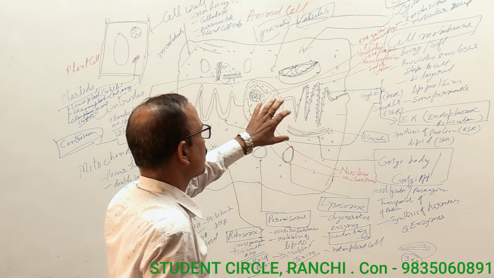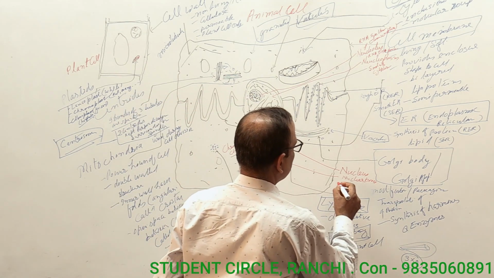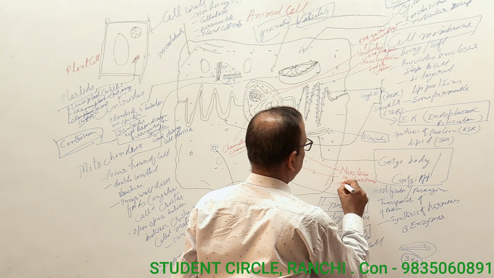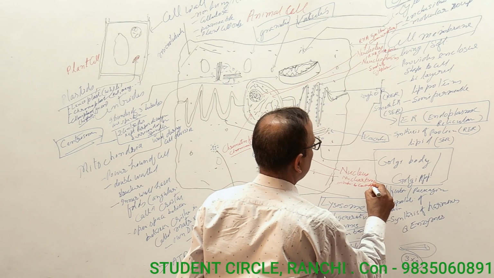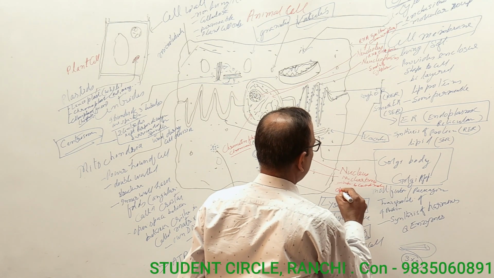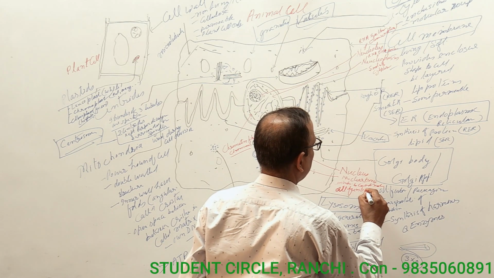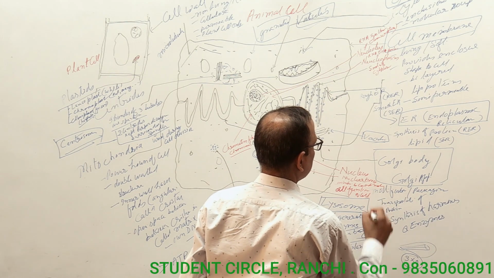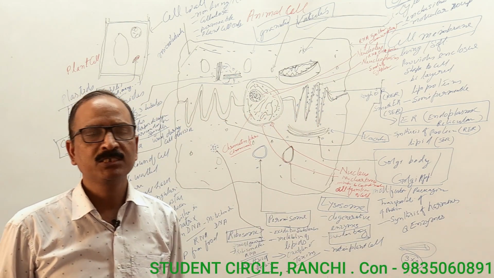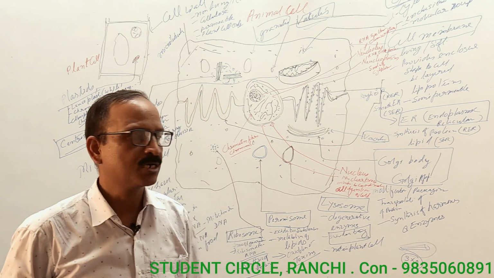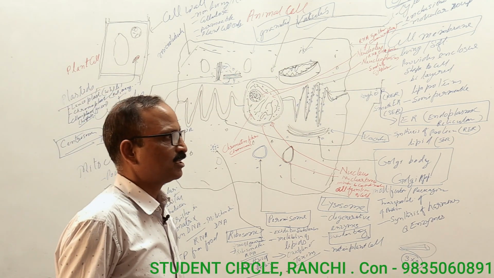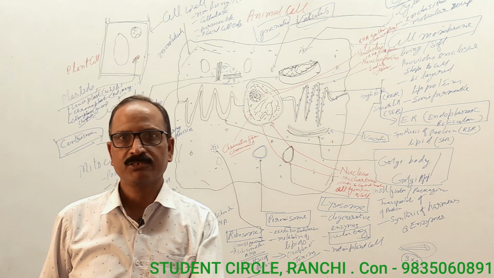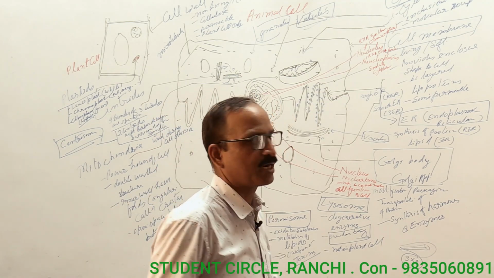It controls and coordinates all functions of the cell. Each and every function is being controlled and coordinated by nucleus through messenger RNAs. There are so many types of RNAs. We will discuss later in coming classes.